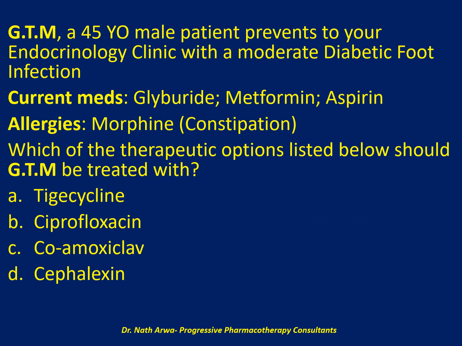And it reads, Mr. GTM, a 45-year-old male patient, presents to your endocrinology clinic with a moderate diabetic foot infection. He currently takes glyburide, metformin, and aspirin. He's allergic to morphine, and we are told the last time he took morphine, he had constipation.